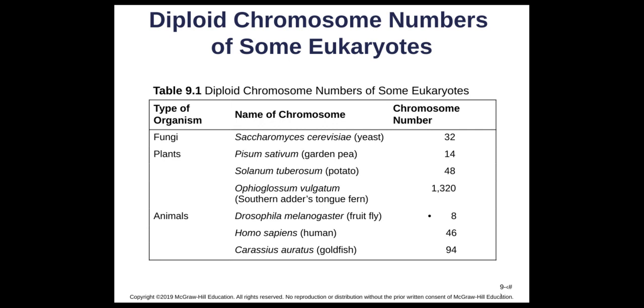For example, fungi like yeast have 32. Garden pea has 14. In animals, fruit flies have 8. People have 46. Goldfish have 94. So it is a number of chromosomes, but every time your cell divides, your cell has to compact your DNA into these chromosomes.